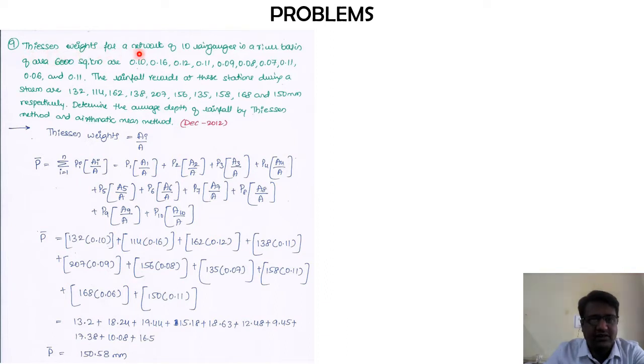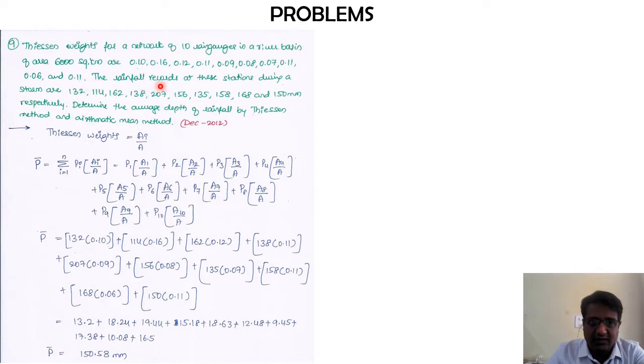Thiessen weights for a network of 10 rain gauges in a river basin of area 6,000 kilometers squared are 0.10, 0.16, 0.12, 0.11, 0.09, 0.08, 0.07, 0.11, 0.06 and 0.11.